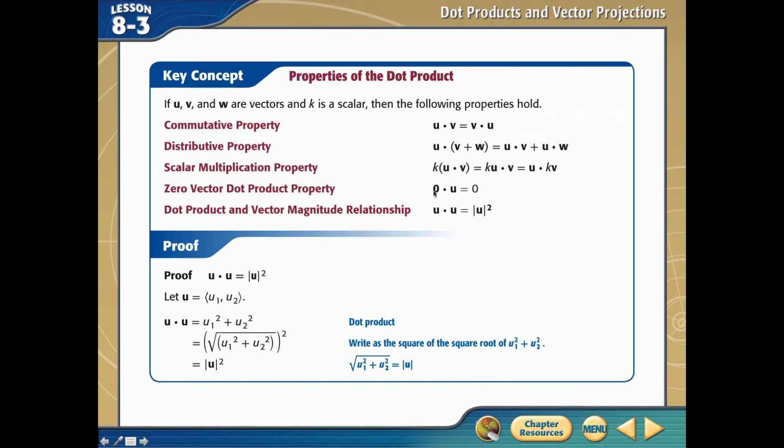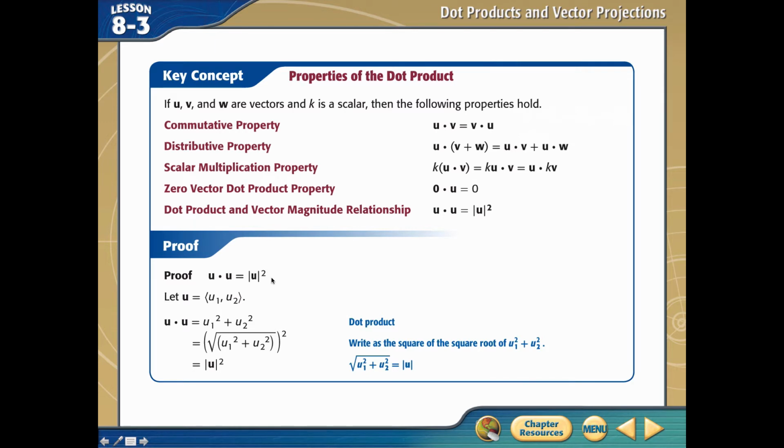Zero vector dot product: anything times 0 is 0. And the magnitude of a vector: u dot u is the magnitude squared. That's going to come in really handy. And we've got the proof down here. If you have the vector u written as u1, u2, the dot product is u1 times u1 plus u2 times u2, which is u1 squared plus u2 squared.